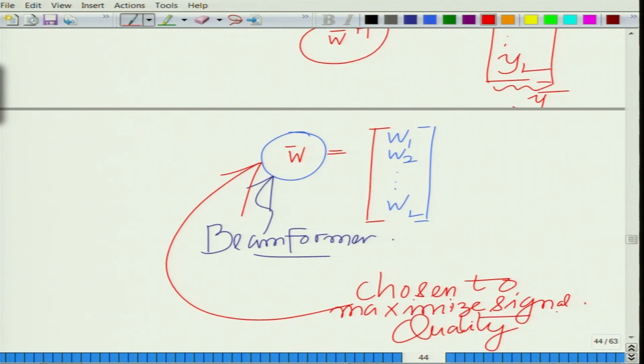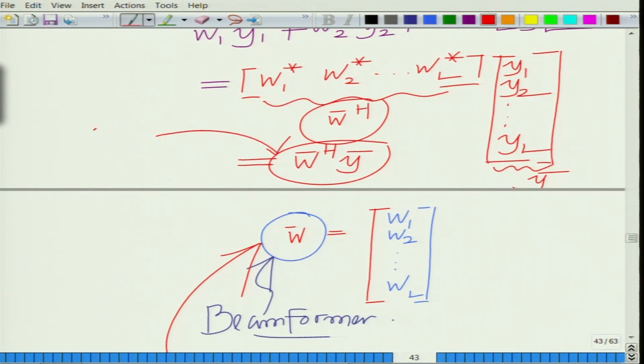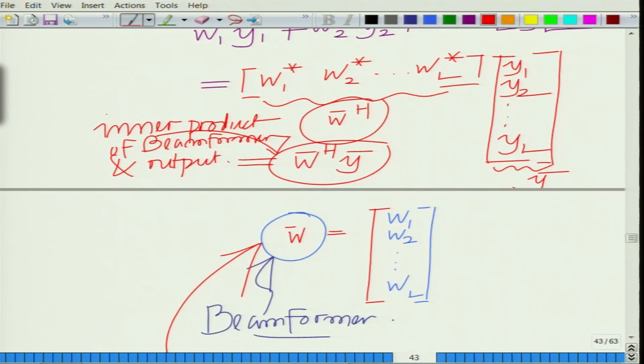And what you can see over here, it is very easy to see, is that this is your W bar Hermitian y bar. So, you are forming the inner product of the beamformer and the output vector.